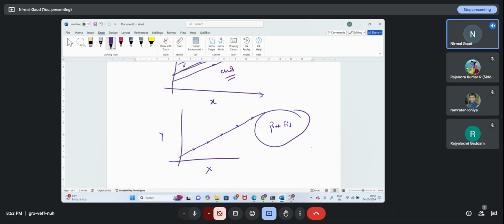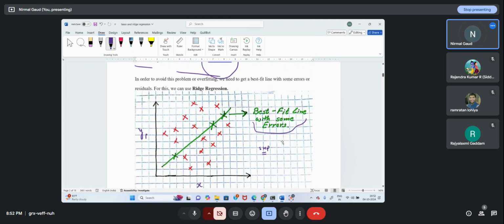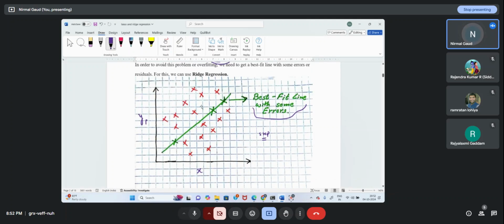With testing data, it's not mandatory. Because with this training data, you have calculated M and C. Next time, if you put M and C to perform the prediction, it may happen that the YP which you are getting will be some here, some here, so they are not captured by the line. That's what is shown. Red ones are the error. This is the distribution, and you are trying to make a line, but unfortunately, fewer points are covered.